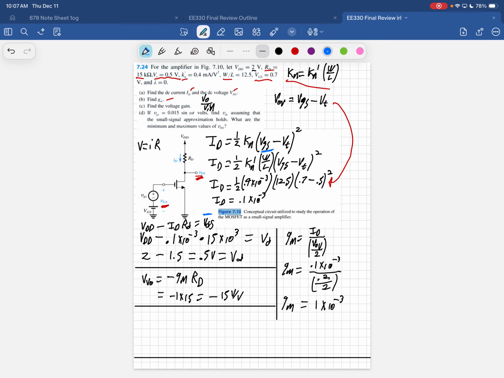But here's your VDS, and then your VGS, again, is on the top there. So the connecting bit is ID. So what I would do is I would go and I would solve VDD minus ID, which is this whole mess. You can simplify it a little bit by getting KN and then plugging KN separately.